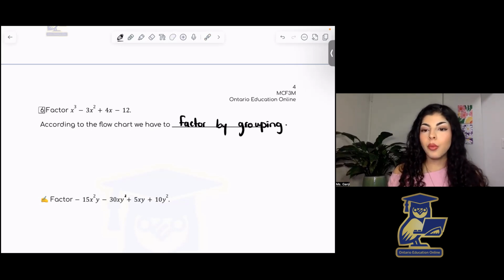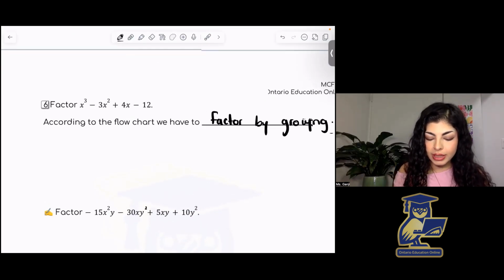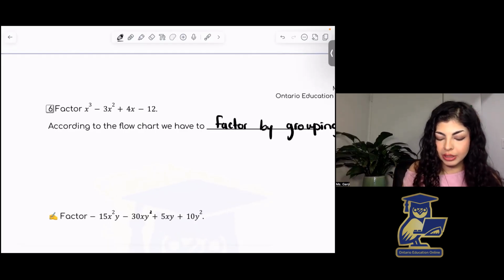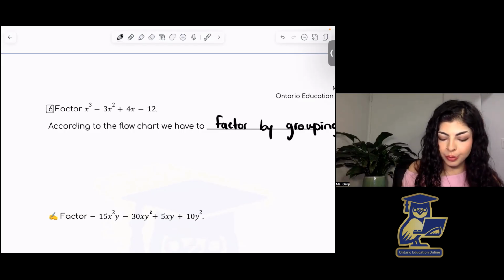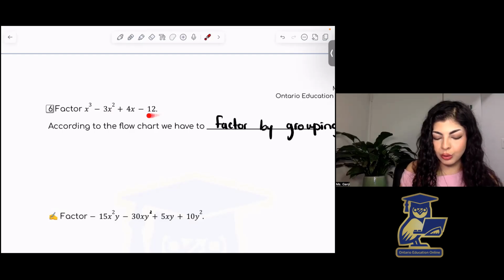So essentially, we want to rearrange our terms so that terms that have common factors can be factored out. In this one, it's a little bit easier because it's already ordered based on their degrees. And if you try to group these based on 2's and 2's, you'll see they have a common factor.